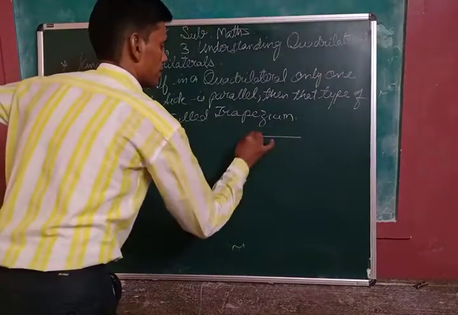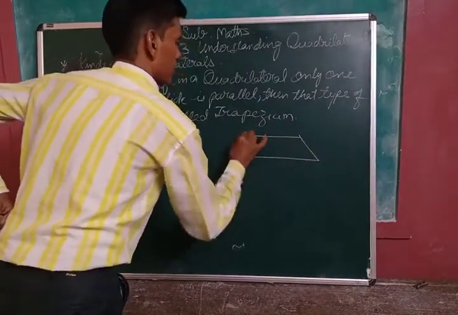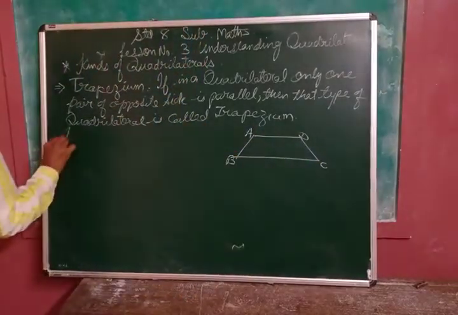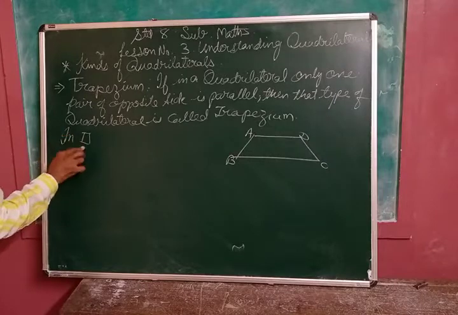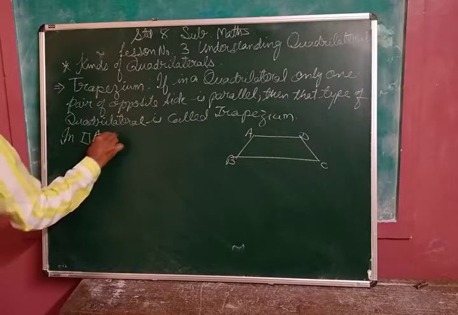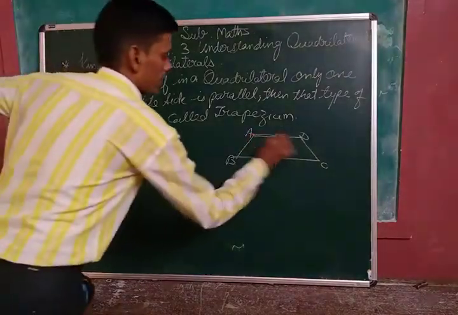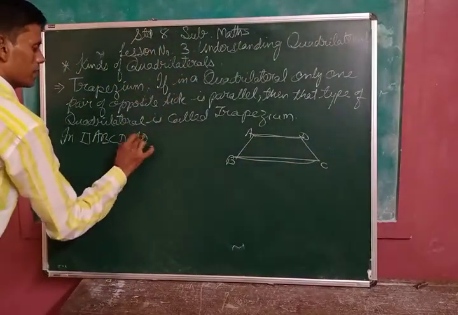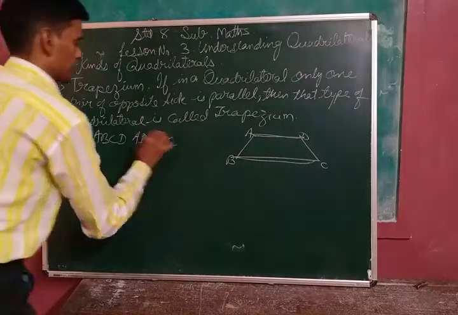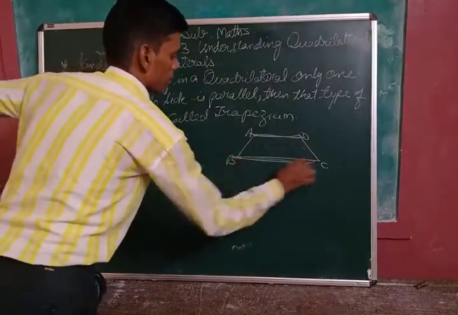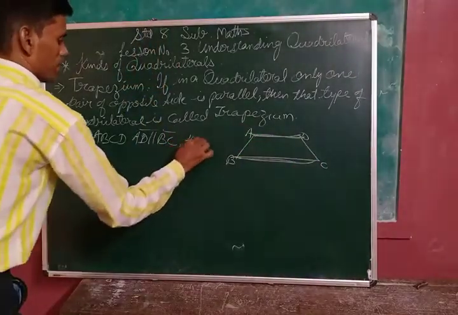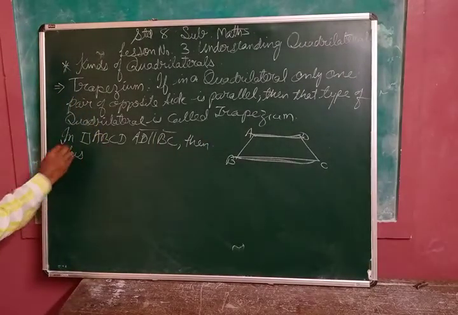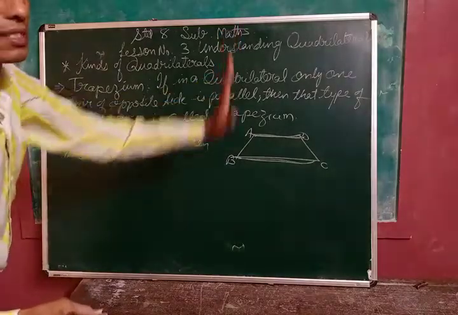Example: A, B, C, D. In quadrilateral ABCD, this is a symbol of quadrilateral. AD is parallel to BC. Then this type of quadrilateral is known as trapezium.